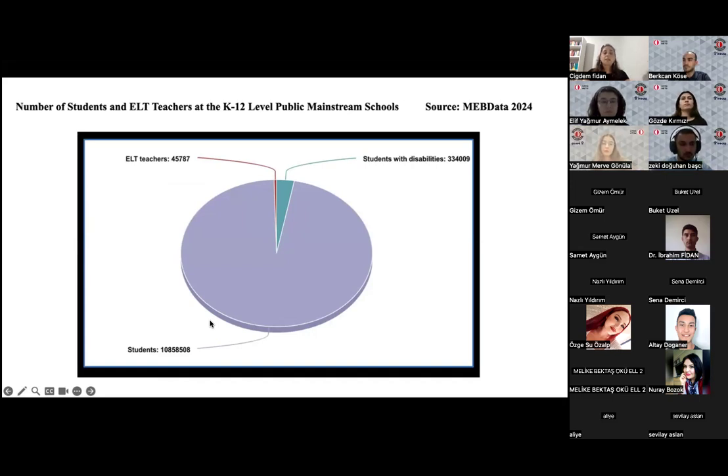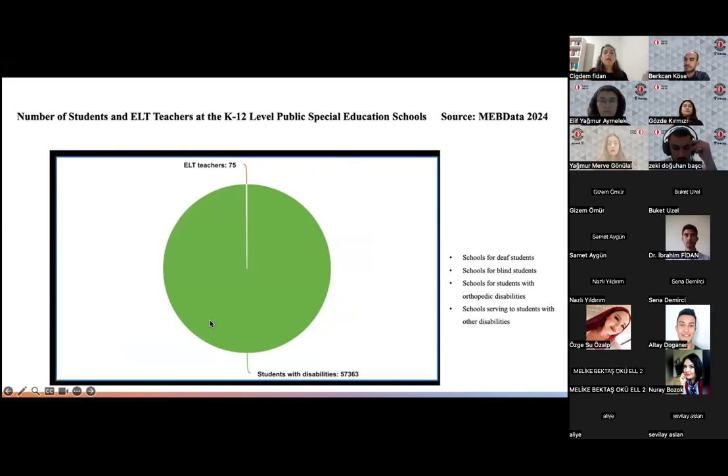But the case for students with disabilities is that these students are mostly exempt from ELT classes. While ELT teachers teach English to students in their classroom, if a student with a disability is exempt from ELT classes, they just sit in the corner of the classroom and listen to what the teacher is teaching to other students. I'm going to mention this in a minute, but this is a scenario in our country, unfortunately.